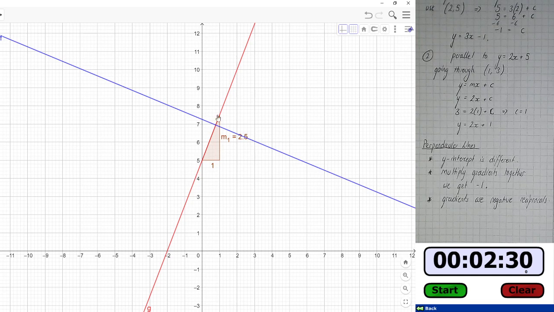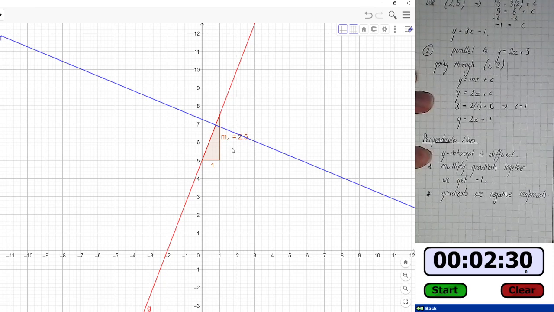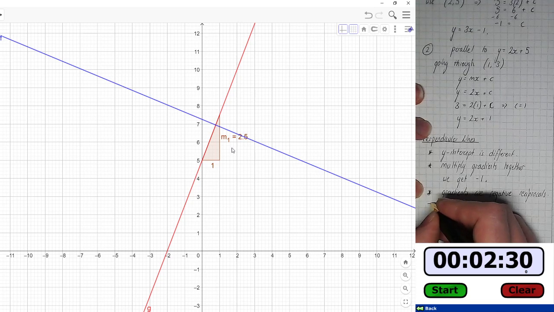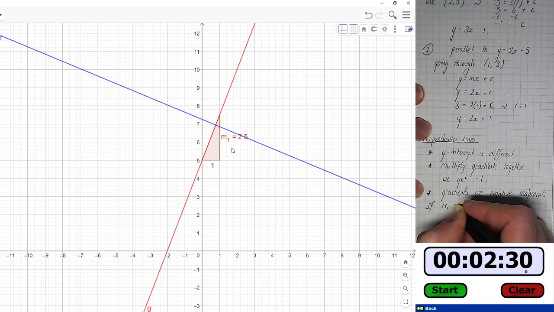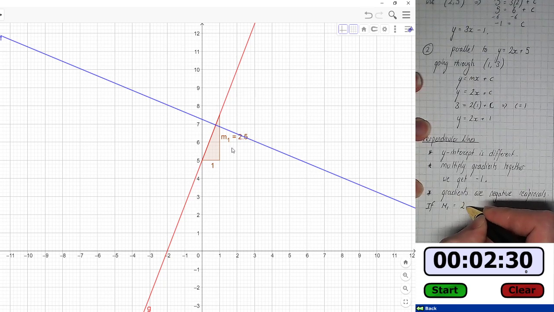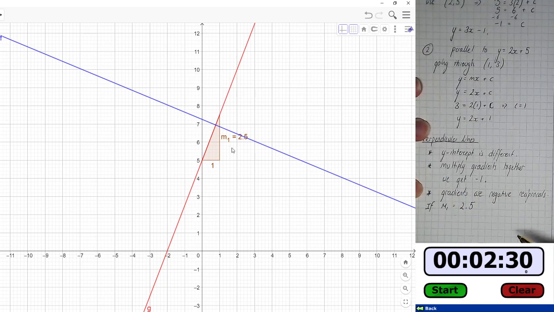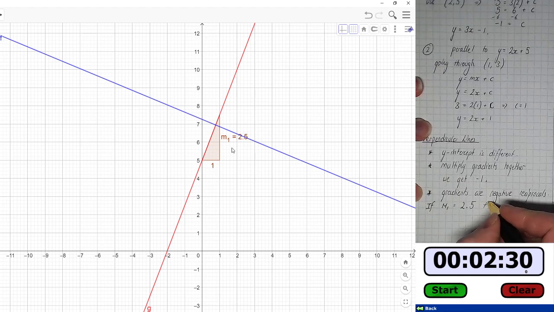We can find the blue line by taking the negative reciprocal of the gradient of the red line. So if the gradient of one line is 2.5, I just put m with a little 1 to say the gradient of line 1, then the gradient of the second line, m with a little 2, would be -1 over 2.5.